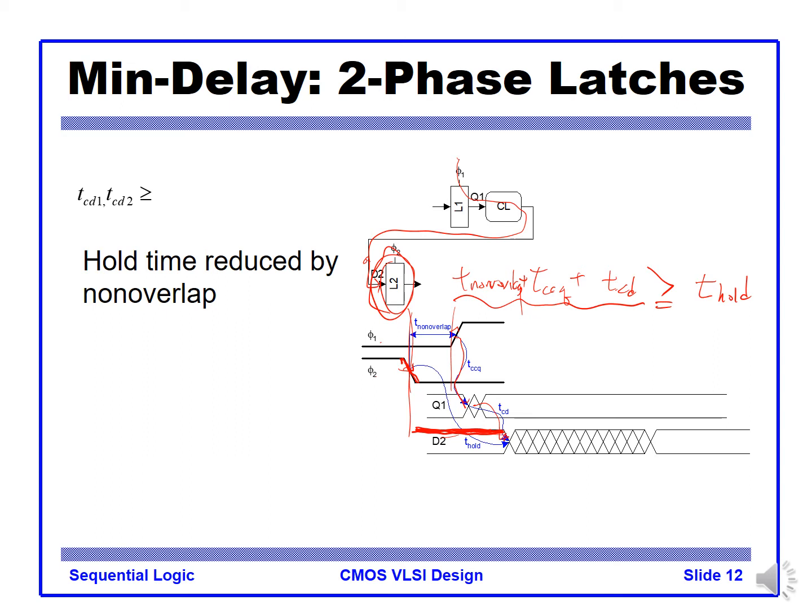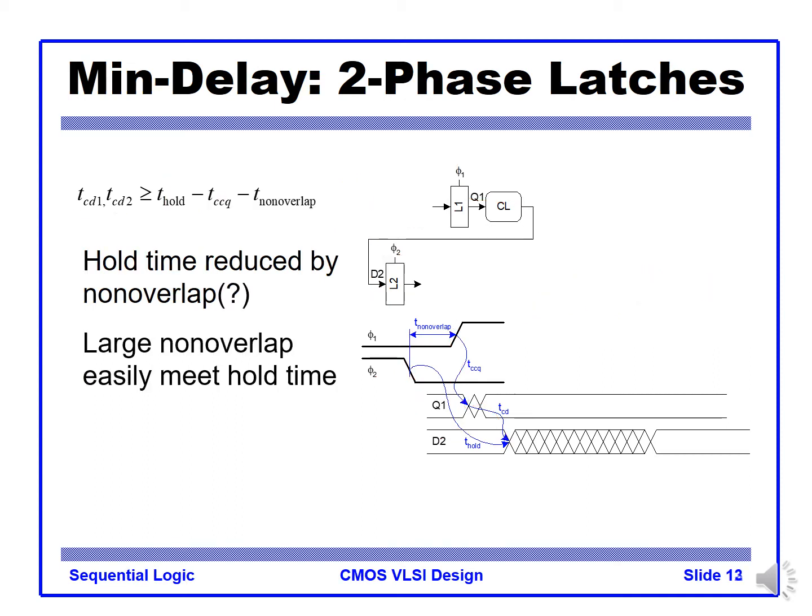So we can rewrite this TCD, in terms of TCD it should be T hold minus T non-overlap plus TCCQ, right? This holds for both latch 1 and latch 2.